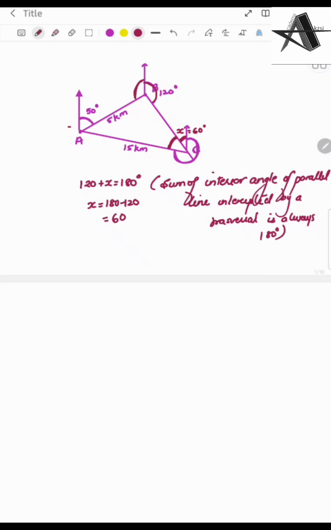The same thing I can say, that these two lines are parallel to each other, cut by a transversal, so they are making interior angle pairs.